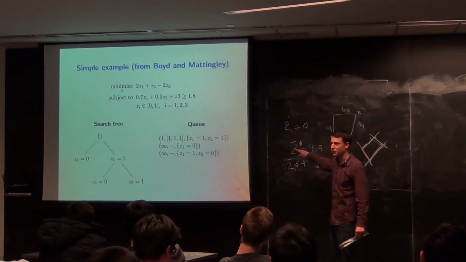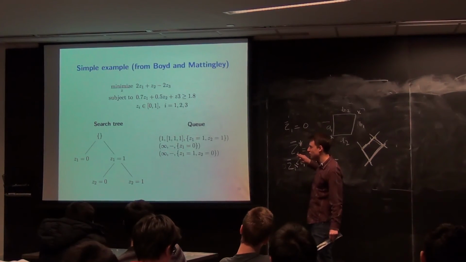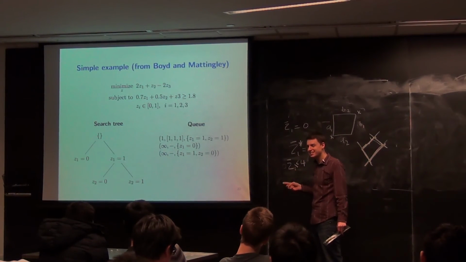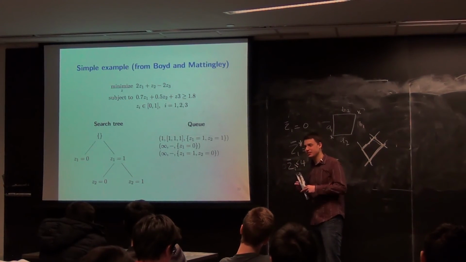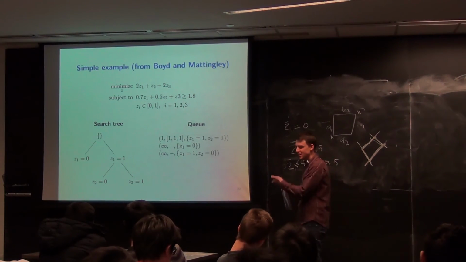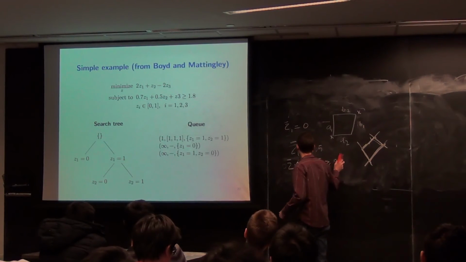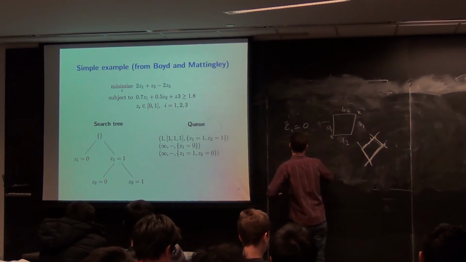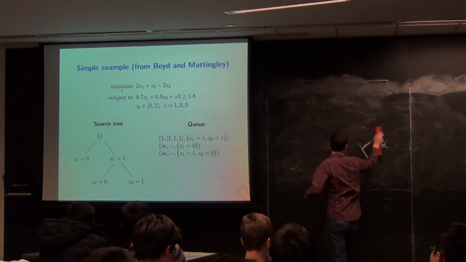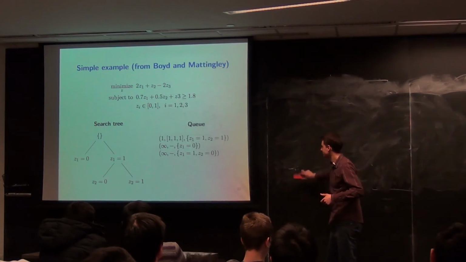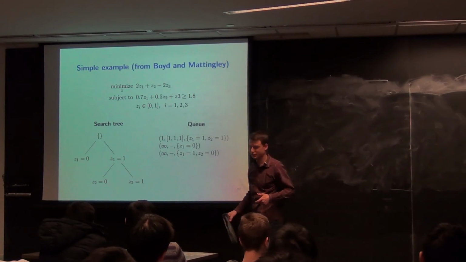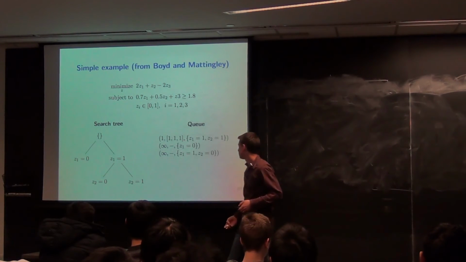They're much fancier splitting techniques than this, and much fancier ways of actually cutting parts of the solution space out that are very involved, but this works pretty well. Okay. Questions? Any more? All right.